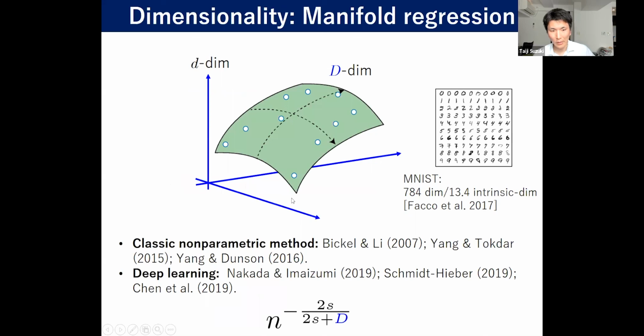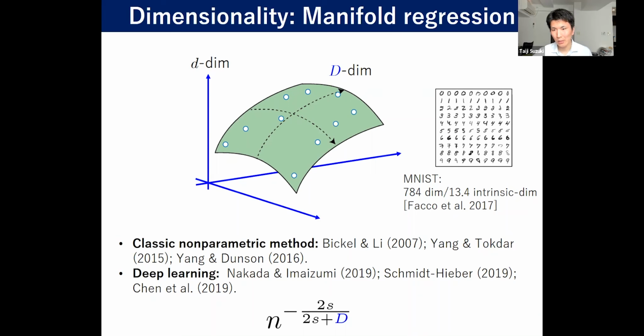To explain that, there is so-called manifold regression analysis. The intuition is something like this. The data is distributed on some low dimensional manifold, say a capital D dimensional manifold. Then the rate of convergence is characterized by capital D instead of small d. Small d is the dimensionality of the whole space, but capital D is the dimension of the low dimensional manifold on which the data is distributed.